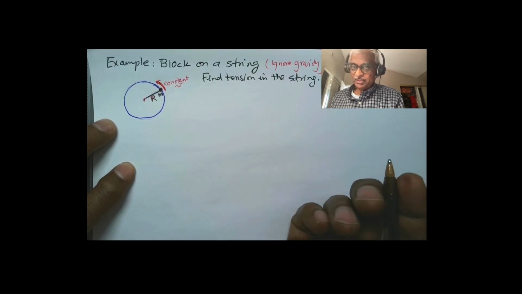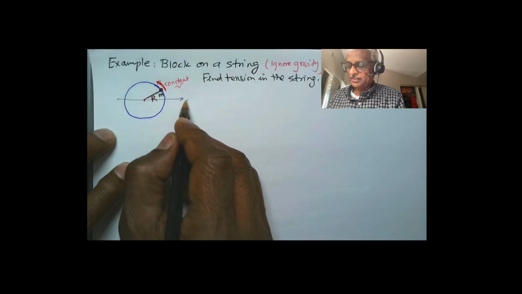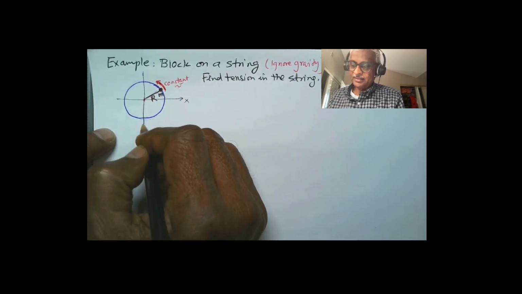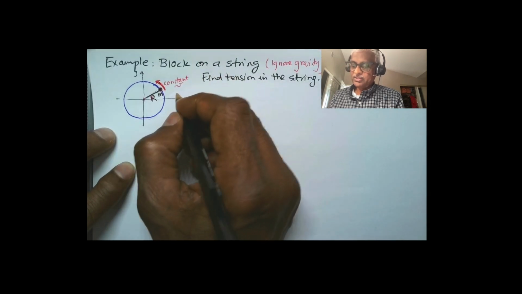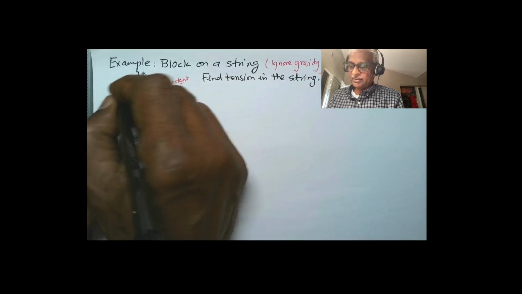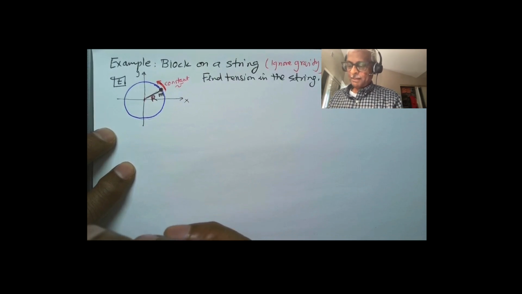Okay, so let's do it in polar coordinates. So this is my x and this is y, and this is the instant t. We always draw a picture of an arbitrary instant.